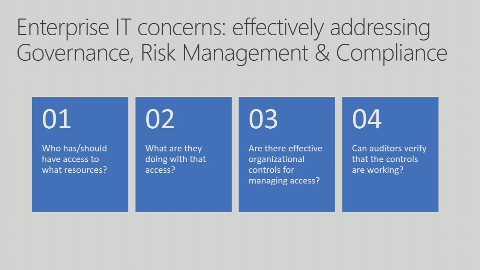So first, I want to give a little context for how we think about identity governance that Alex mentioned earlier. The first principle that we hear customers ask about is, who has access to what resources? So how do we help customers or partners like yourself know who has access to what resources?